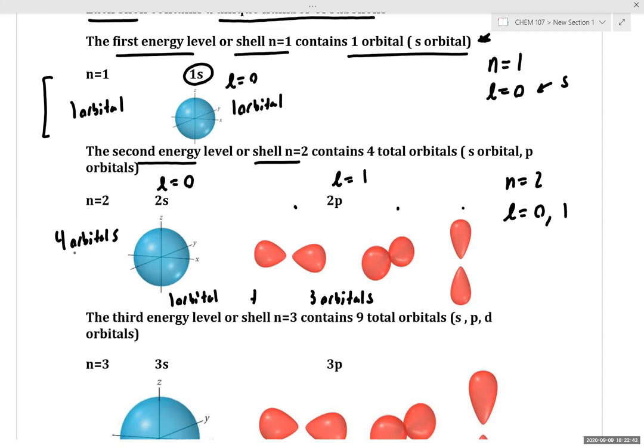We're starting to outline how many orbitals we have in each shell. Is there a question I can address, or a part I can explain in more detail?